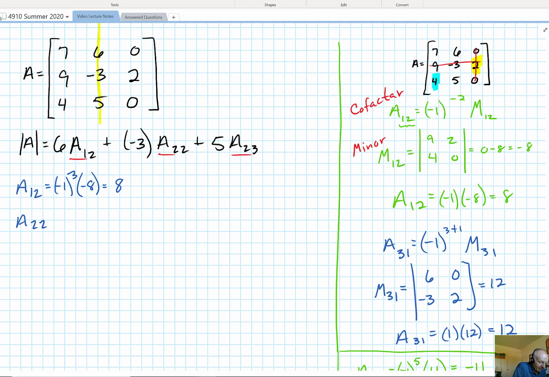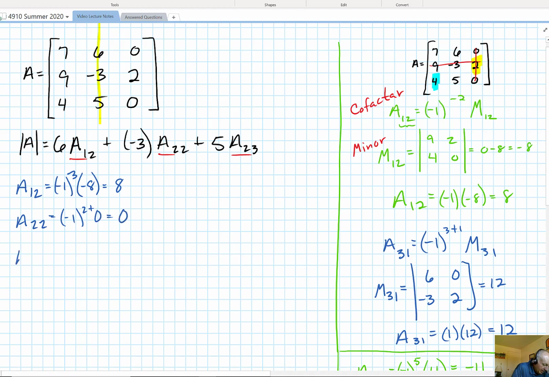The 2, 2 cofactor is minus 1 raised to the 2 plus 2, that's a 4. So that's going to turn into a 1. Again, I cross out the row and the column of that 2, 2 entry. So 7, 0, 4, 0. 7 times 0 minus 4 times 0 is 0. So we get a 0 there.